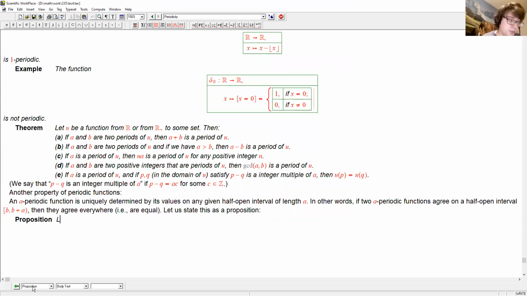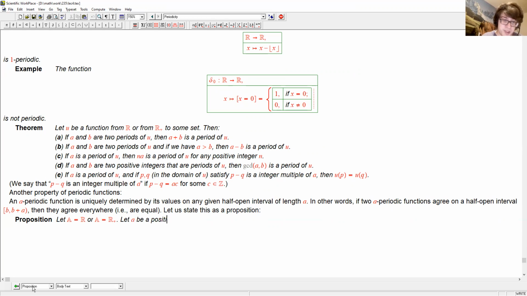Proposition. Let A be R or R plus, again, so we can have the half axis or the whole axis.